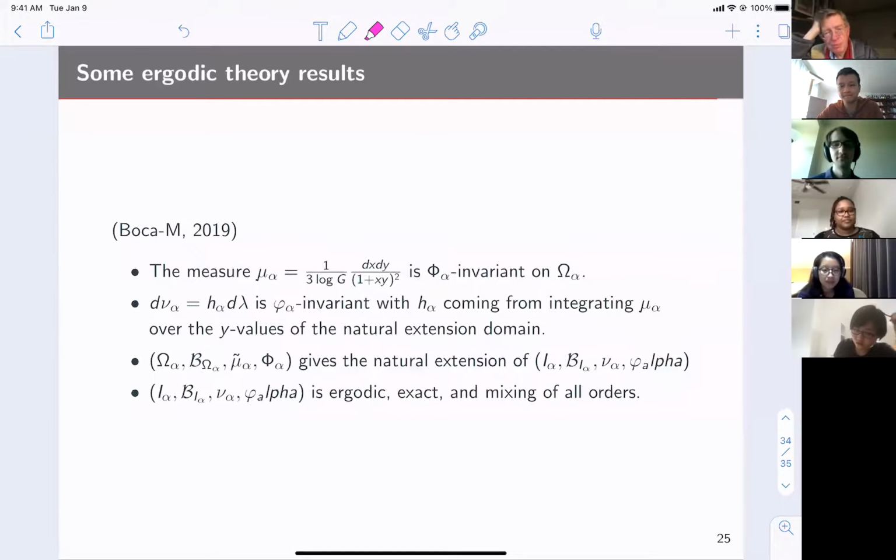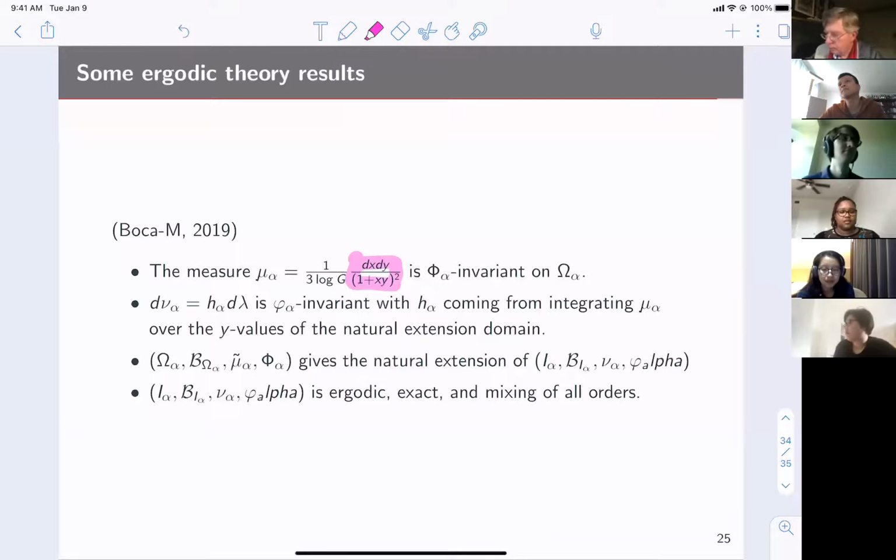So in the last minute, I just want to make sure we do get back to the ergodic theory. You can find the measure for the natural extension is going to be, right, I said this was generally true. We get back to this measure with a different weight for the natural extension.